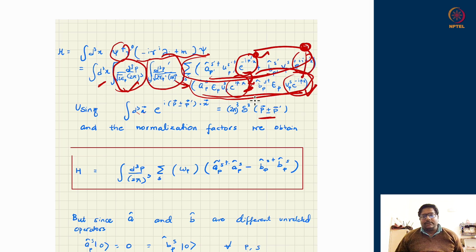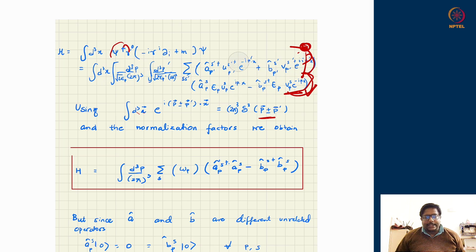So you will get various combinations of exponentials, and doing the spatial integral will give rise to one of the delta functions. Use that, put it in the delta function and do one of the momentum integrals. So the delta function will get rid of one of the momentum integrals, and then you will have just simple combinations of AP multiplied to this, AP multiplied to that, BP multiplied to this, and BP multiplied to that.